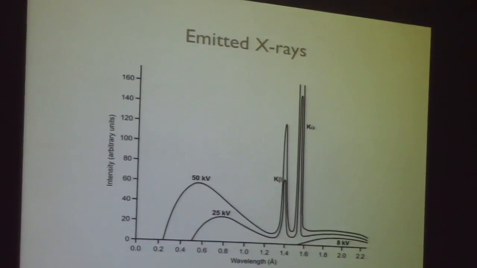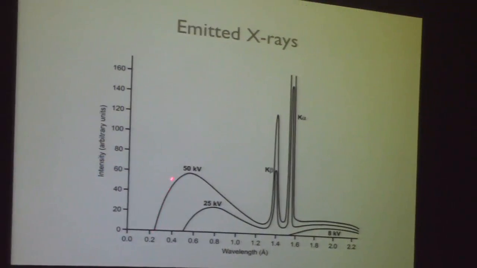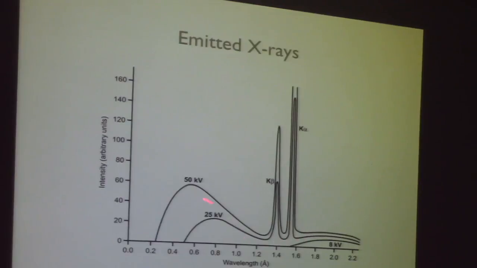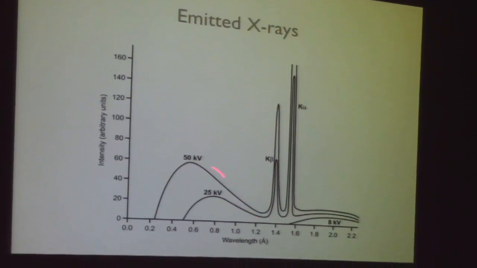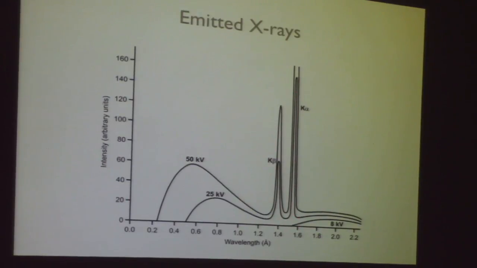So this is what the spectrum will look like from something like an X-ray tube. You have this broad spectrum here, which is the Bremsstrahlung, and it's this broad, slowly varying spectrum here. And then you have these sharp lines, and these sharp lines are coming from these transitions between the energy levels of the electron.